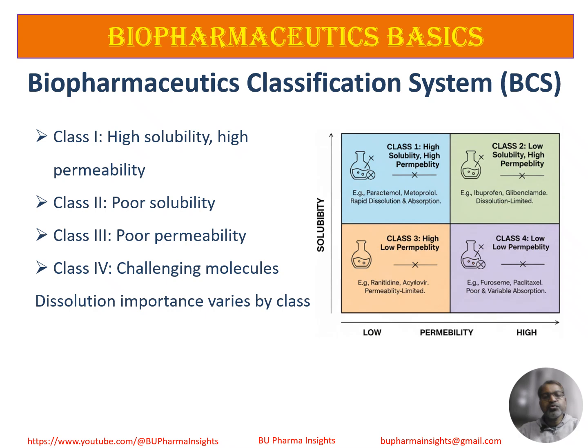In fact, most modern drugs fall into class 2 and class 4, which is why dissolution testing continues to gain importance. In simple terms, class 1 drugs dissolve easily so absorption is fast. Class 2 drugs dissolve poorly, making dissolution the key limiting step. That's how BCS helps us judge the importance of dissolution for each drug.